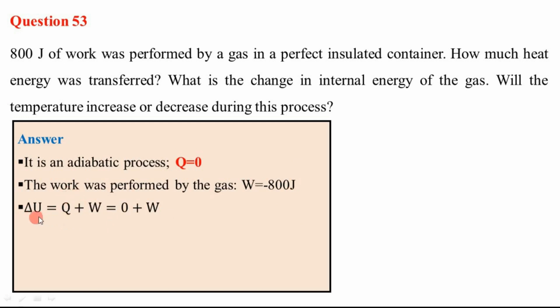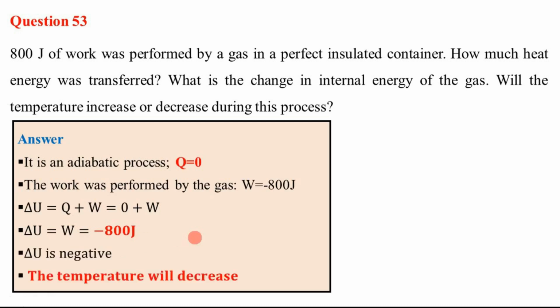That means the change in internal energy, dU, is equal to the work done, which is negative 800 joules. You can see that the internal energy is negative. That means the temperature is decreasing. The temperature decreased because the internal energy is negative.